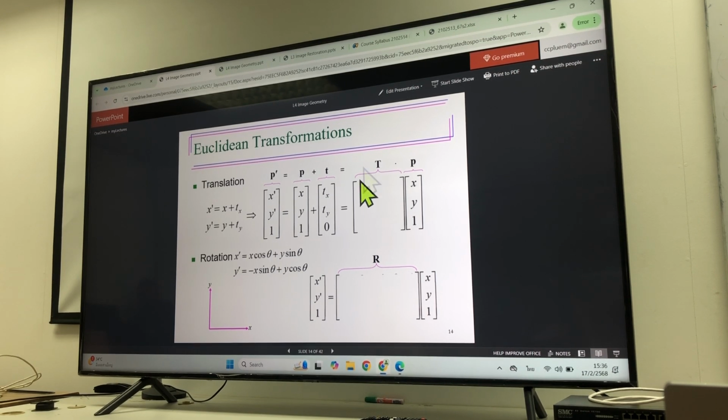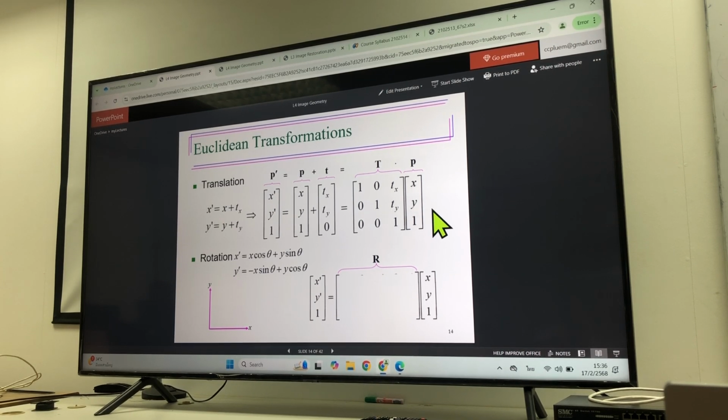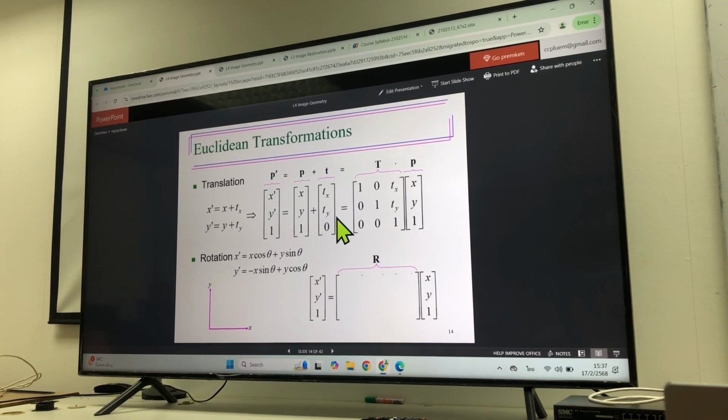In matrix form, you have 1 times x plus 0 times y plus tx times 1, and that's how you get x plus tx. For this row we have 0 times x plus 1 times y plus ty times 1, so you end up with y plus ty.